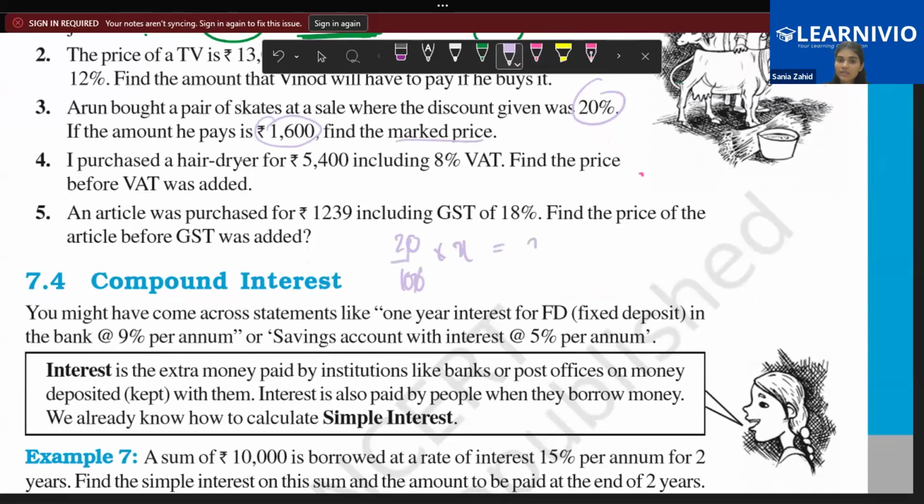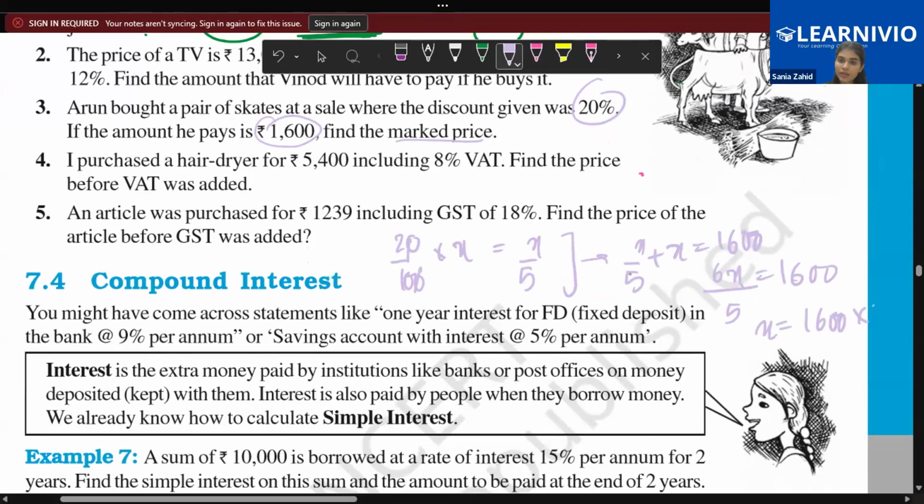Cancel this. x by 5. So now x by 5, you will do x by 5 plus x should be equal to 1600. So just add it. 6x should be equal to 1600. So x is equal to 1600 into 5 by 6.